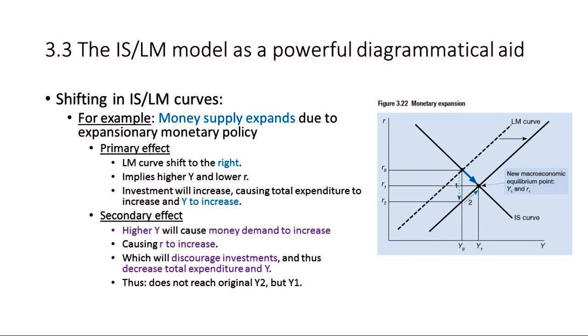So again, the expansionary monetary policy does have a positive effect on output. Output increases and interest rates do decrease, but not by as much as that initial decrease. The second round effect causes a slight increase in interest rates again.